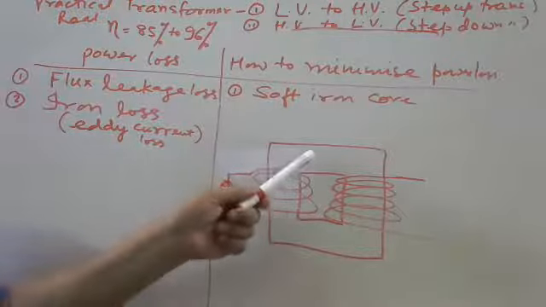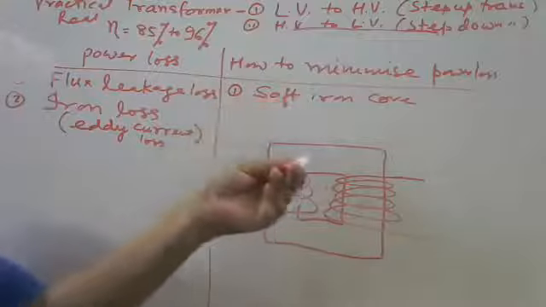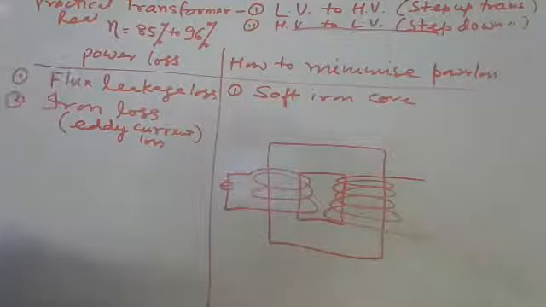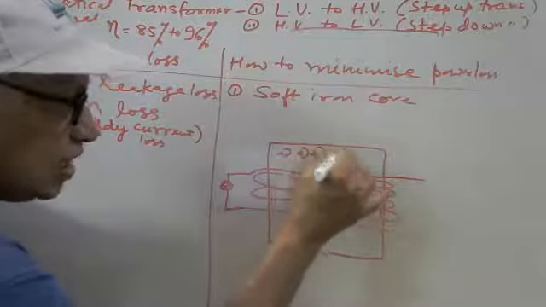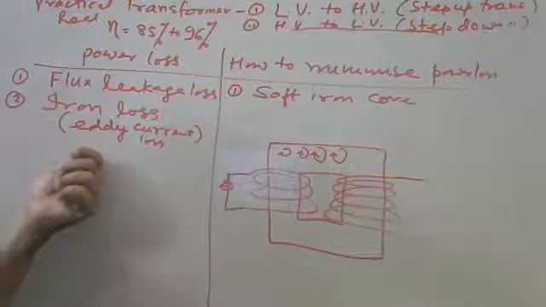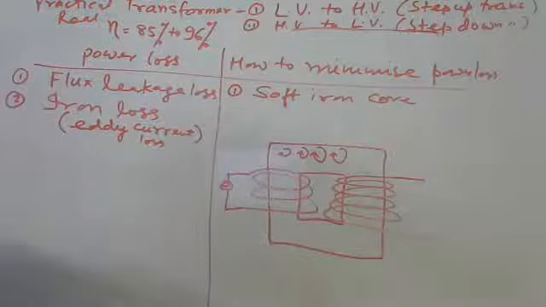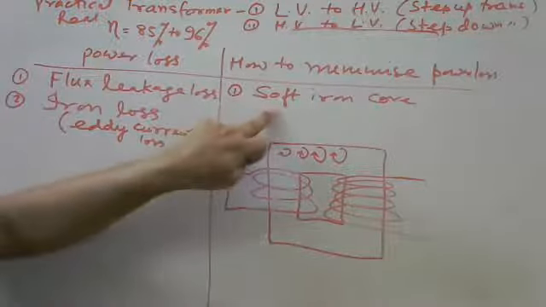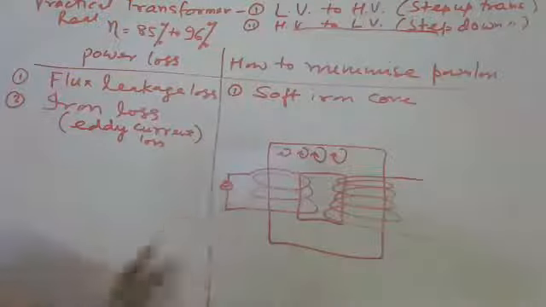So whatever change is going on in the flux linkage, it is linking with the soft iron core also. So induced current develops here in the form of eddies, local current, which is very high. The reason is that in the soft iron conductor resistance is very low, so current is very high. So there is a great heat loss. Should we avoid the soft iron core? If we avoid it, there is no linkage. So we must use the soft iron core.